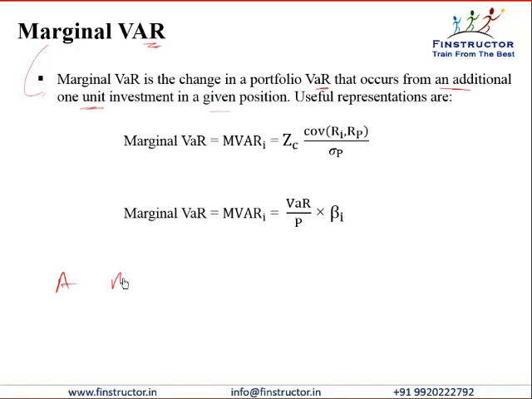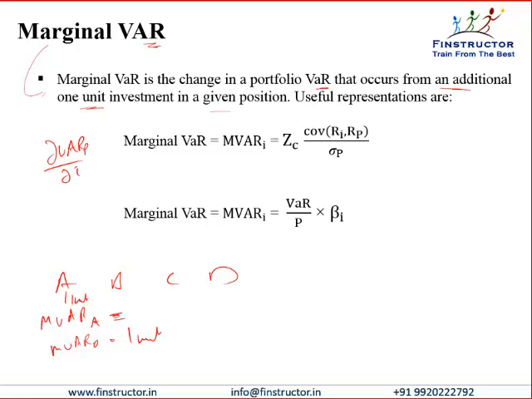So if we have, let's say, 4 stocks A, B, C, D in our portfolio, then the marginal VaR of position A will be calculated as the increase in the VaR from a 1 unit increase in A. Similarly, marginal VaR for B can be calculated as the increase in VaR for a 1 unit increase in the investment in B.